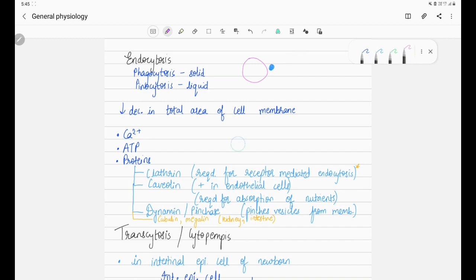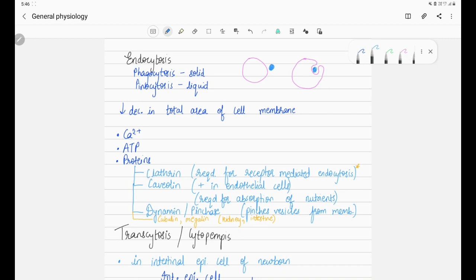There's no membrane around it, and it's just open. So what will happen? This cell membrane will just go and form a loop around it like this.